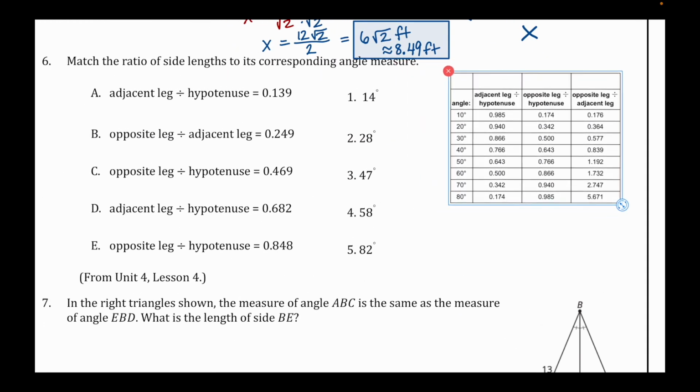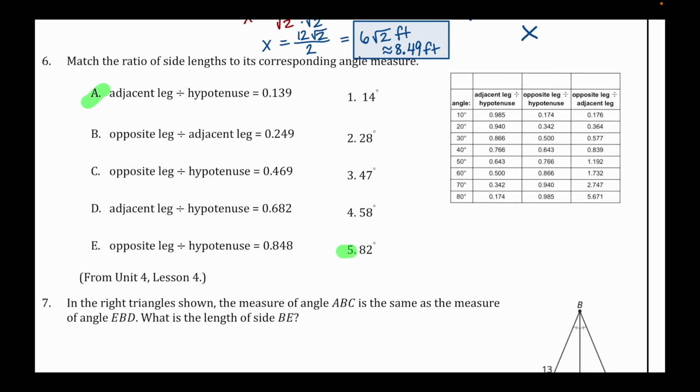We're going to reference that for our answers here. Starting with this, we want to look for adjacent over hypotenuse being 0.139. 0.1 is right here. So 0.17, this is decreasing as it goes, and 0.139 is actually going to be larger than that. I don't even know if I have 5 highlighter colors, but I'm going to go for it.